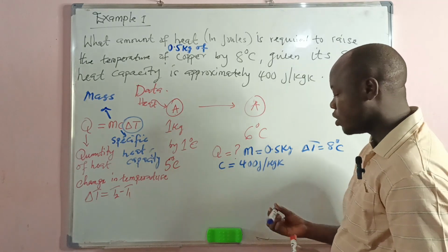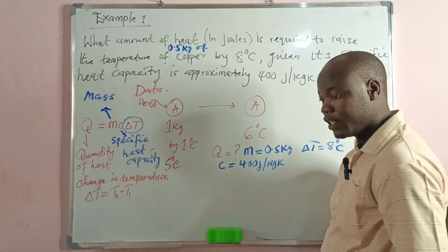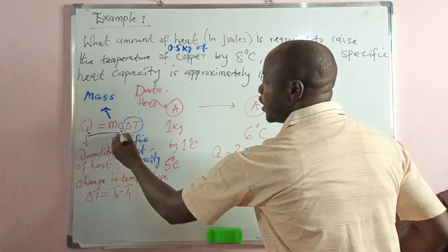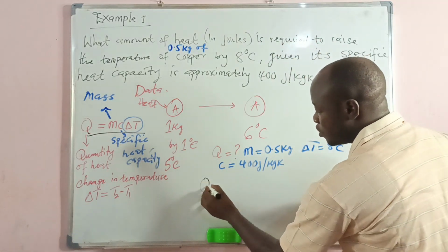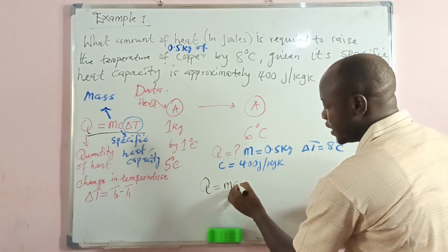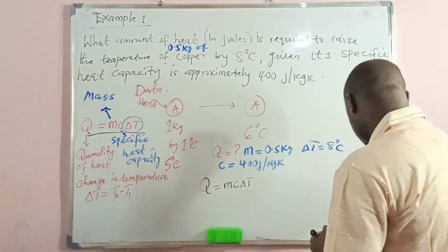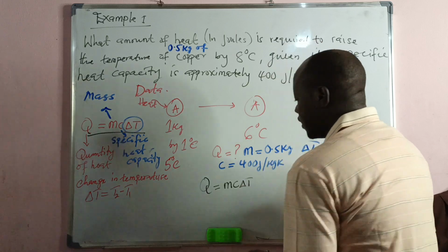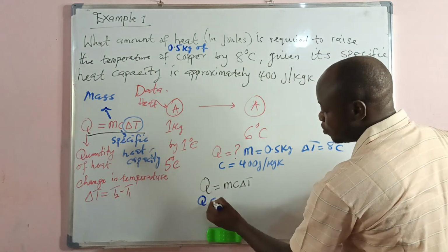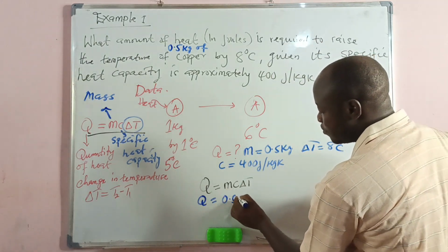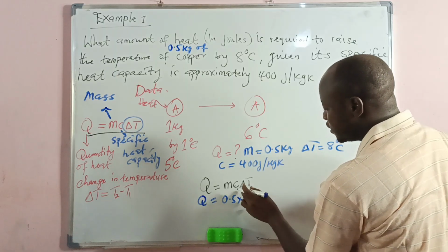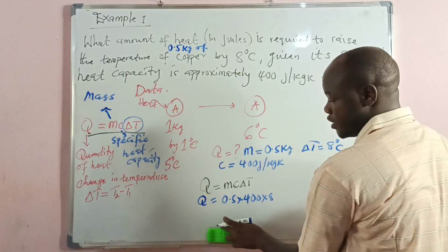So what are we going to do now? We are now going to calculate the Q. So how do we get the Q? We take this formula. We now have Q is equal to mc delta theta. The m is 0.5, the c is 400, and the change in T is 8.